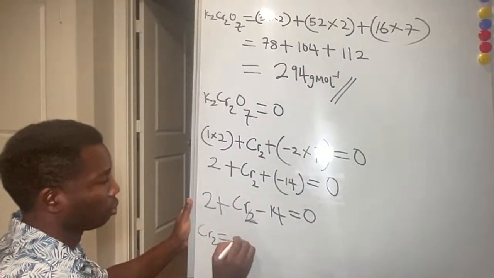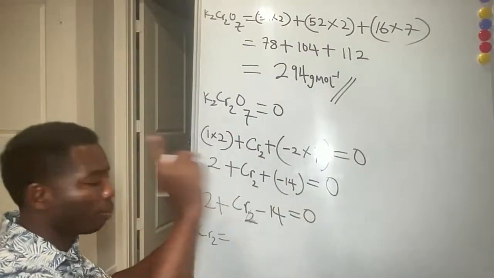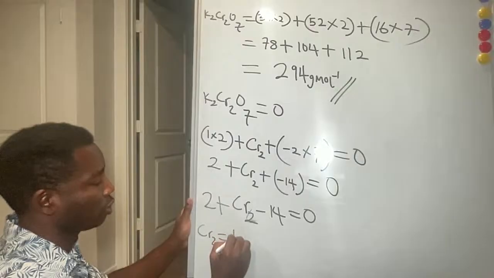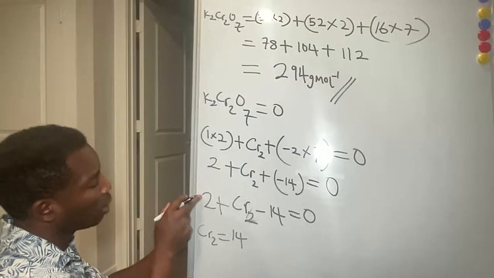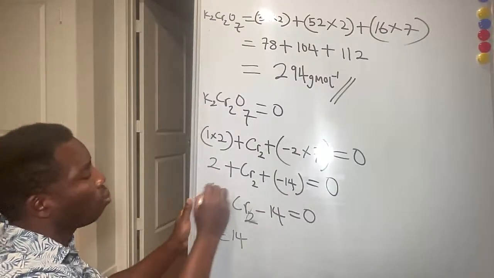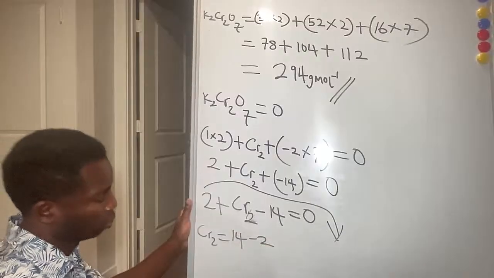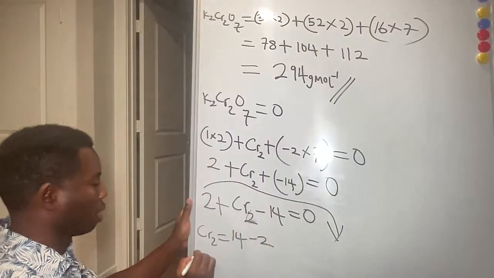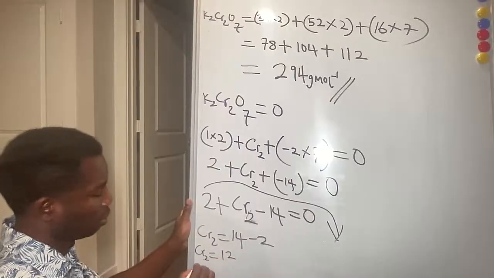The 14 moves across the sign of the equation to become positive 14. Look at the 2 here at the left hand side of the equation. Moving across the sign of the equation, the sign changes to -2.